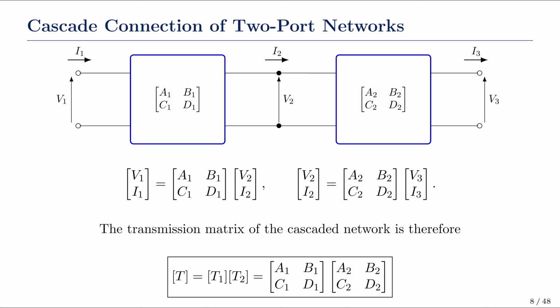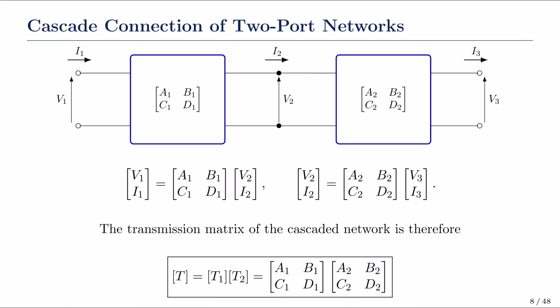The intermediate variables are V2 and I2. The transmission representation allows us to express the variables at the first port in terms of these intermediate variables, and then the intermediate variables in terms of the variables of the final port. This leads naturally to a simple matrix multiplication rule for the complete cascaded network.